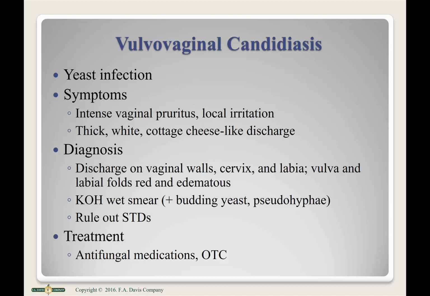A lot of times we just diagnose this based on signs and symptoms, or seeing the vaginal discharge, or seeing, you know, the appearance of her vulva. It's all red and edematous. It looks like someone's been scratching it to death. We can do the KOH smear and see yeast cells, and then we can treat her.